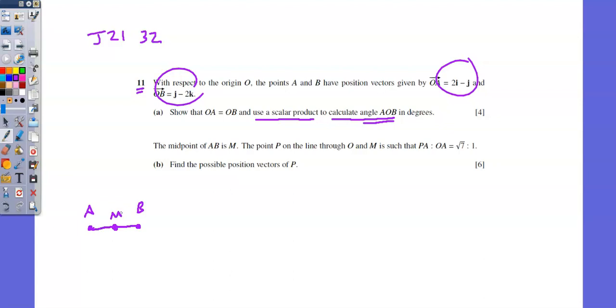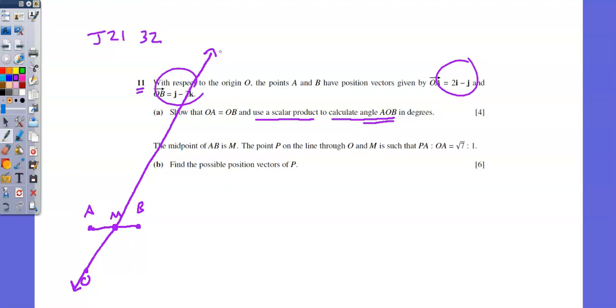The point P on the line through O and M, so let's put an origin somewhere and then draw a line through O and M. And that line doesn't stop. It can go for as long as we want, in two directions for that matter.